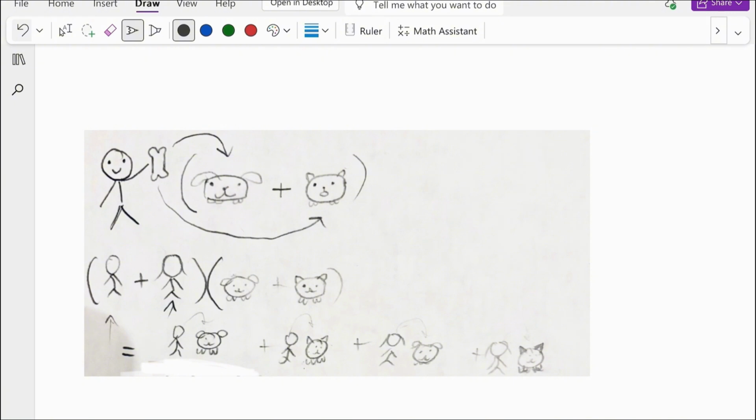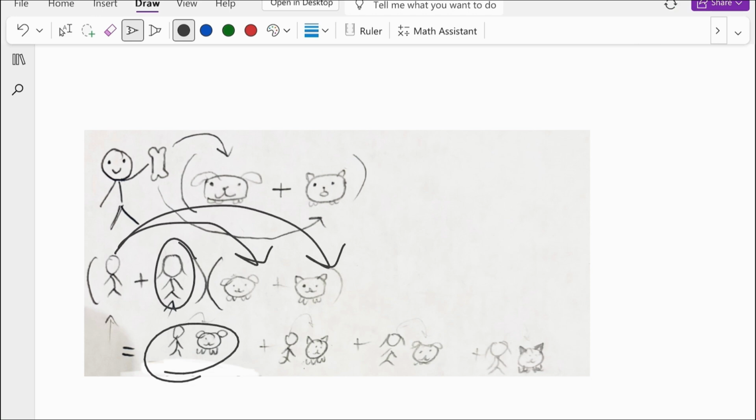For example, let's say his friend, Patricia. Patricia wants to also give the dog and cat candy. And so, Alvin gives each of the pets a candy, and then Patricia gives each of the pets a candy.